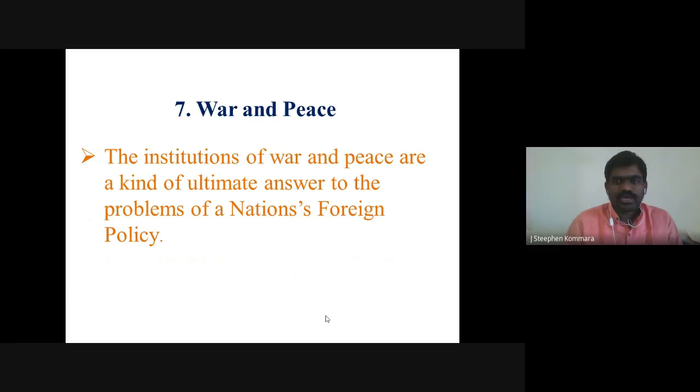So these two are connected to each other. As long as there is peace, okay; when there is no peace, war comes. So the need to break that war is a compulsory instrument for institutions. That's why it is inaugurating a basic change in the foreign policies of nations concerned. And generally a devastating answer to the problems of a nation's foreign policy. The objectives of foreign policy cannot be achieved through other means.